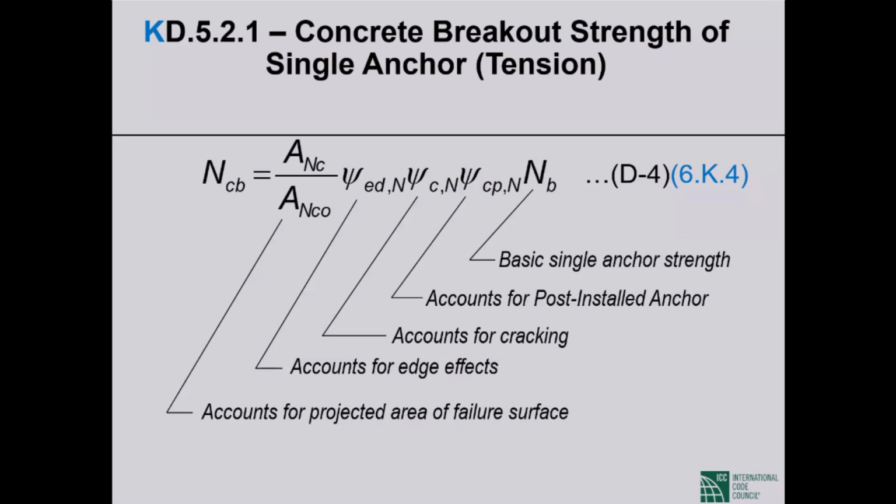Now, this is the expression for concrete breakout strength in tension. Okay. Capital N is always tensile strength. CB is for concrete breakout. And this is a nominal strength that we have to reduce by a phi factor and an additional 0.75 factor because we have seismic design category C. Okay.